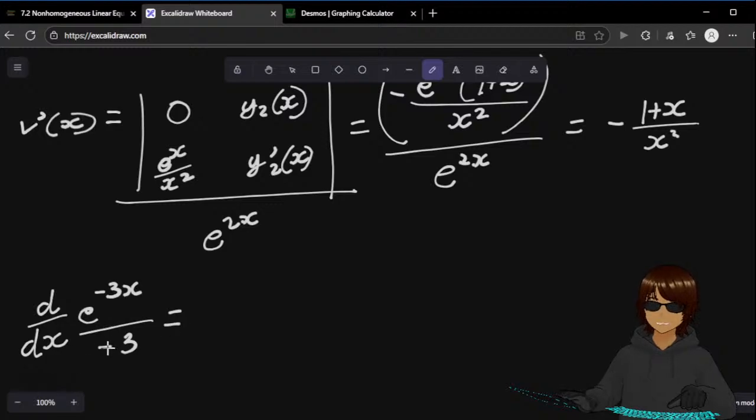So minus 1 over negative 3 is a constant. This will become minus 3 forward, and this will become minus 2.